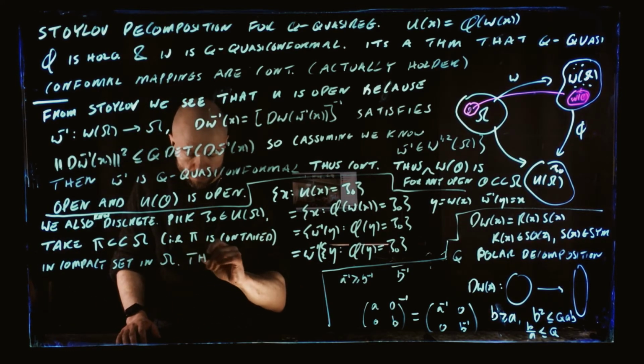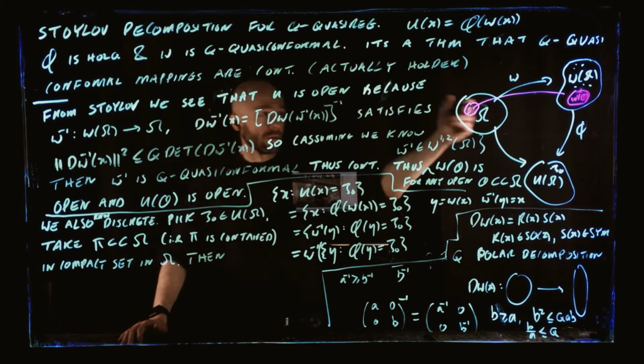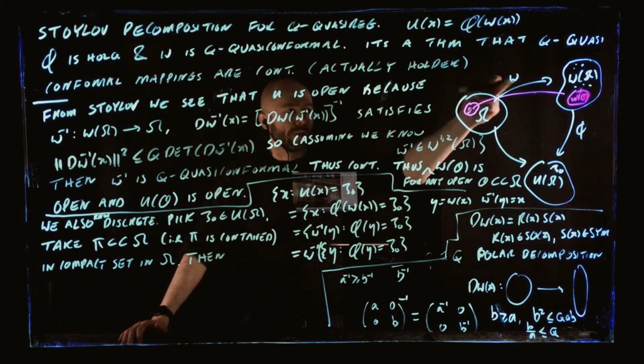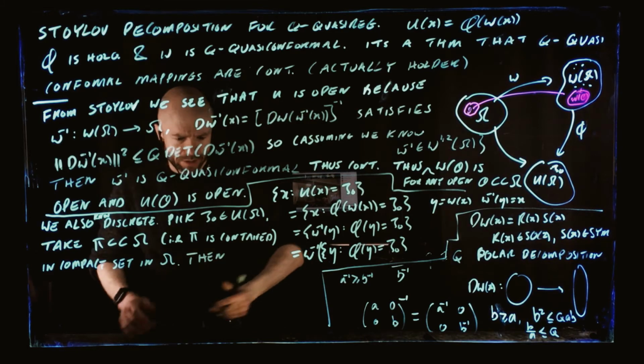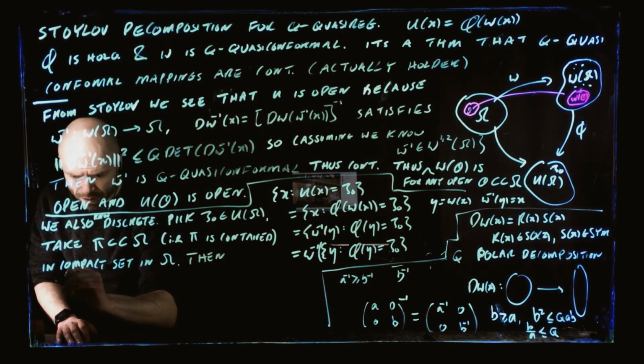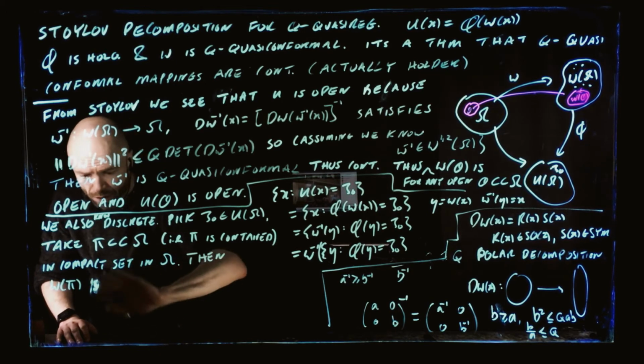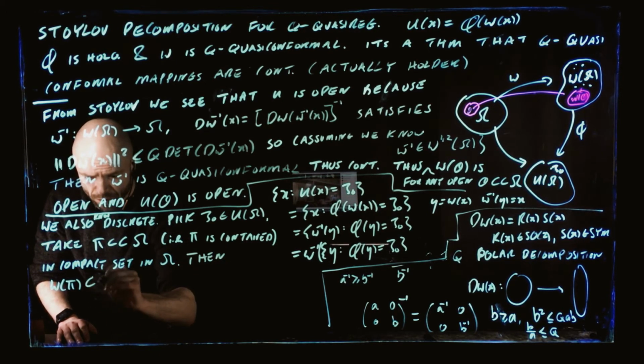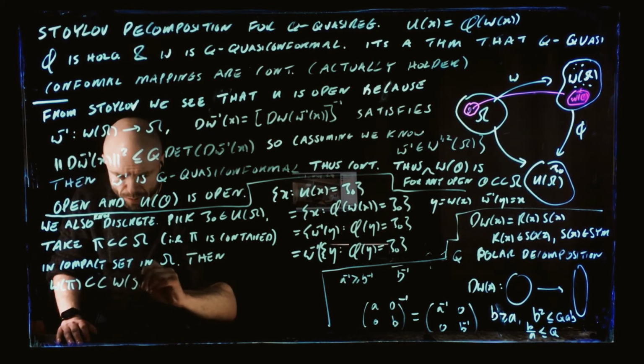Then, because W is continuous and its inverse is continuous, we know that W of pi is compactly contained within the image of W of omega.